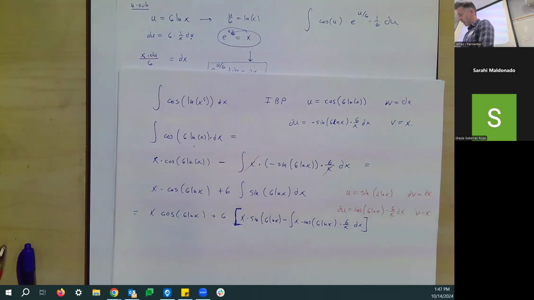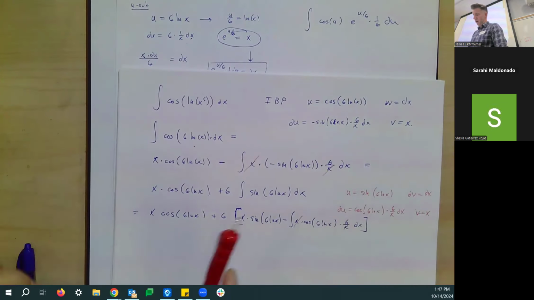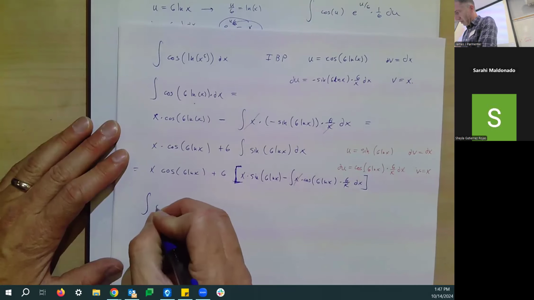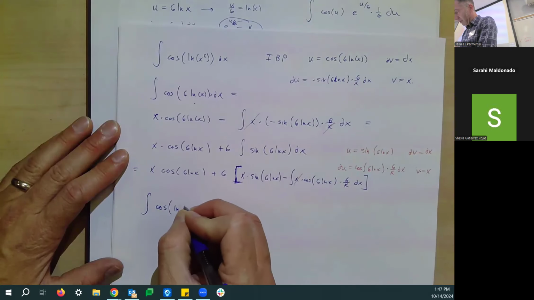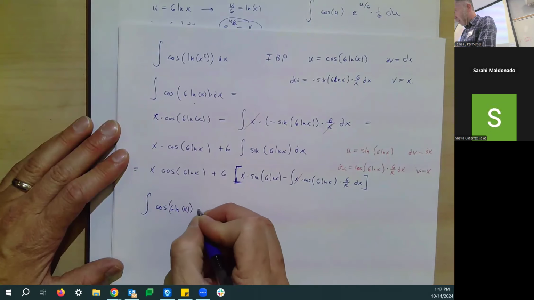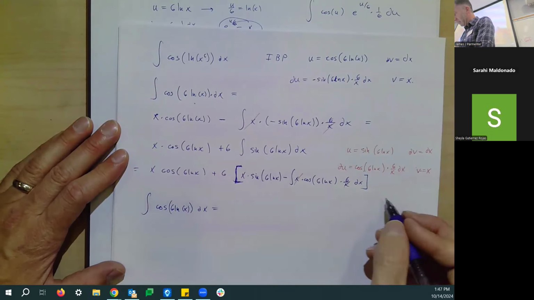The x's cancel again. And now here's the terribleness we've got. We've got the integral of cosine of 6 natural log of x. And it's equal to all of this.